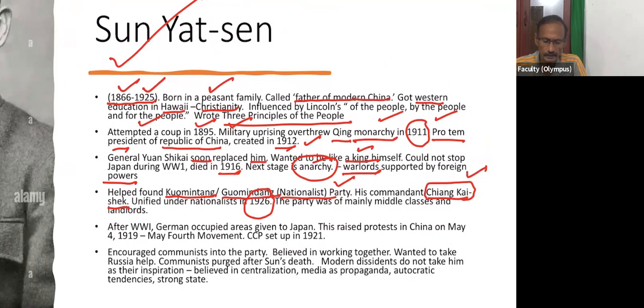If you go by the dates, 1925 was the year of death of Sun Yat-sen. And you know, the Russian Revolution took place in 1917. So Marxist ideas and the Russian Revolution were also an inspiration to some people in China. They set up the Communist Party of China in 1921.